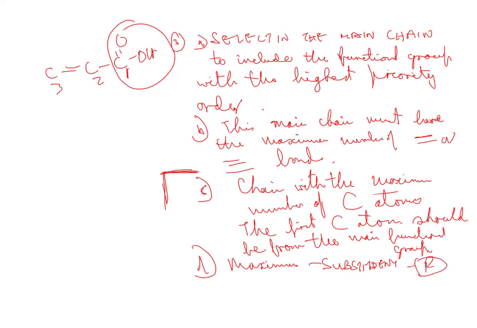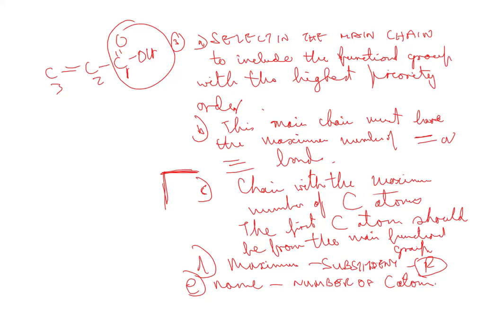Okay, R groups. Then you do the last one, which is you name the skeleton according to the number of carbon atoms. Okay. So that's how we do that.